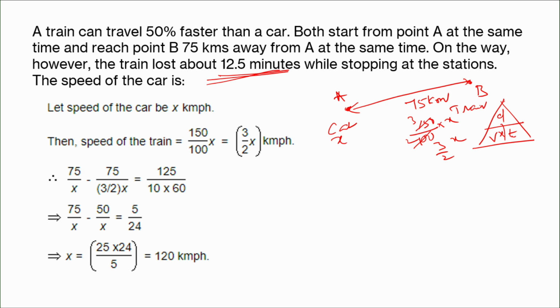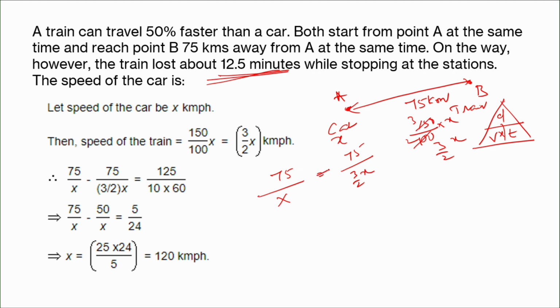The difference between the two is 12.5 minutes. For the car, 75 distance by speed is 75 by x. This is the time taken to cover from A to B. For the train it is 75, distance is the same, and the speed is 3 by 2x.